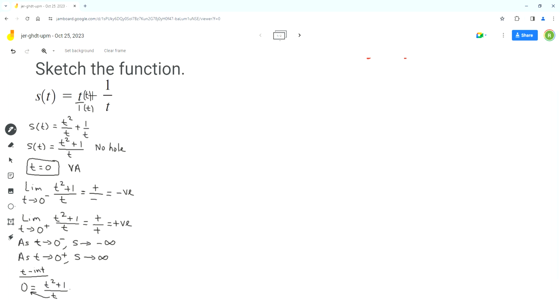So we get 0 equals t squared plus 1. Now we can subtract 1 from both sides. The 1s on the right side get cancelled out. So we get negative 1 equals t squared. Now square of t cannot be equal to a negative number. That means this function has no t-intercept.